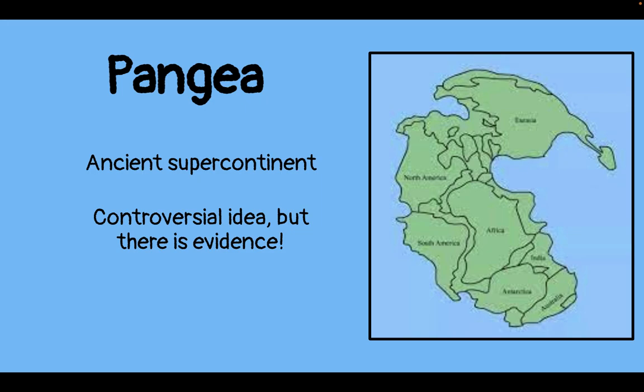That is true. So we're going to look at 4 pieces of evidence that Mr. Wegener presented to others to try to prove that his theory of the supercontinent of Pangea was truly how the land was on Earth.